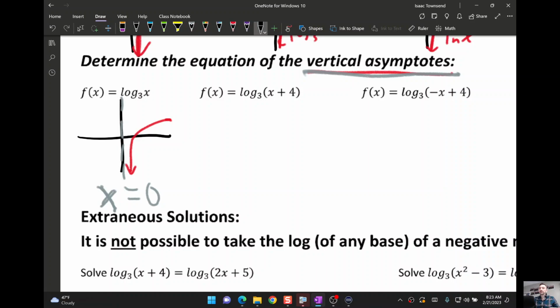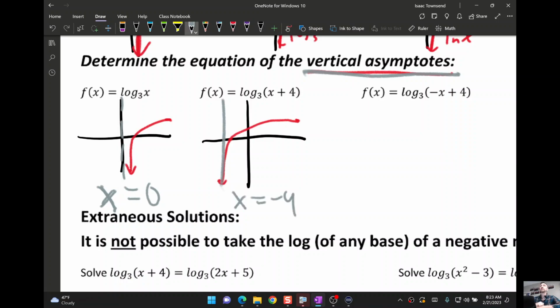Now, if you shift your graph left 4, then that vertical asymptote is also being shifted left 4. The whole graph moves that way. So was that x equals 0? You shift your graph left 4, now it's at x equals -4.